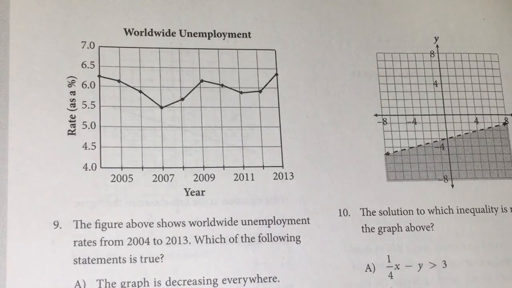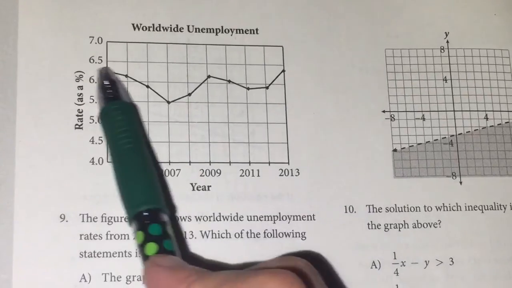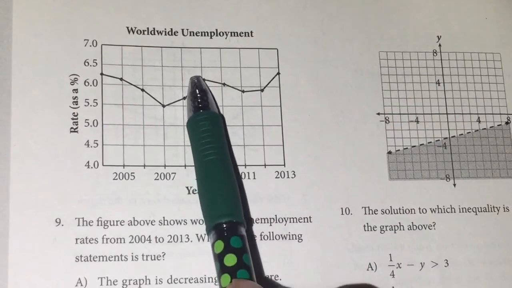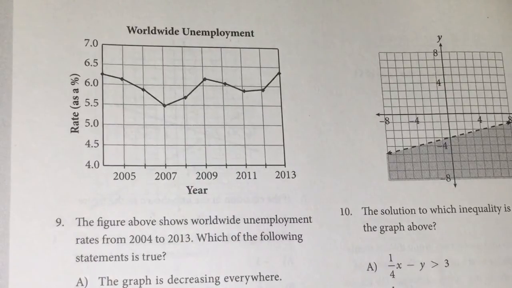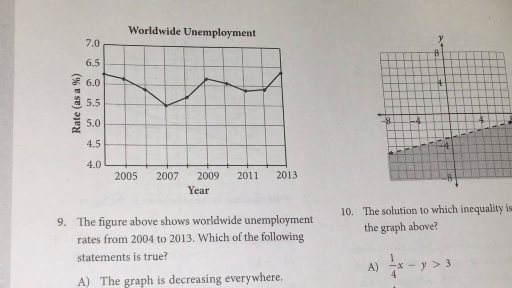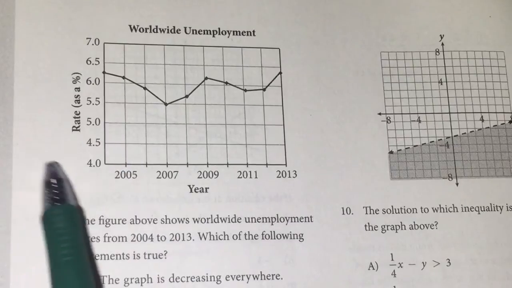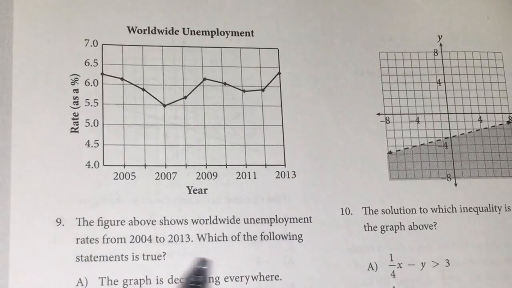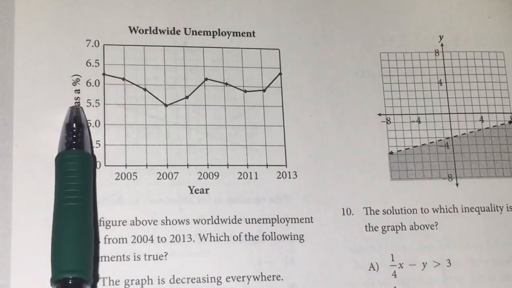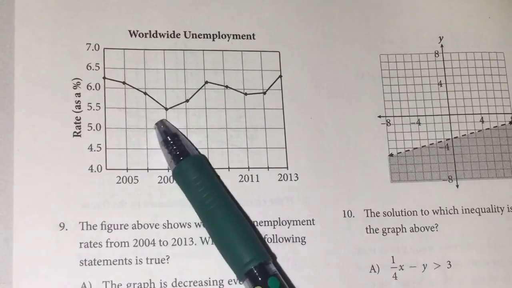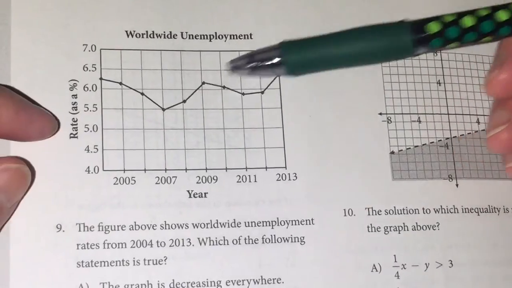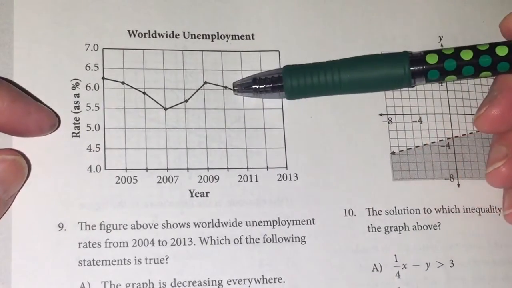The figure above shows worldwide unemployment rate from 2004 to 2013. Which of the following statements is true? The graph is decreasing everywhere. No, this is not true, because there are sometimes increases. The graph is increasing from 2007 to 2010. No, it's 2009. It's not even right.